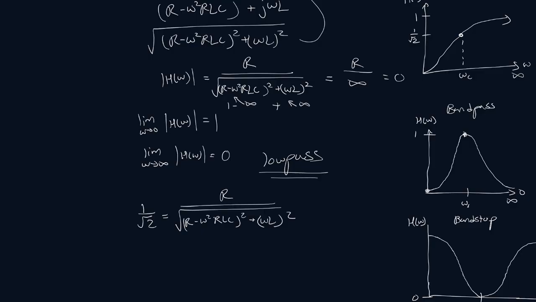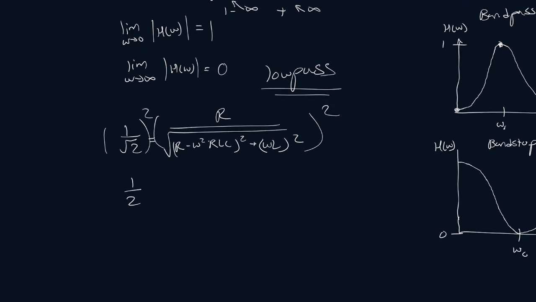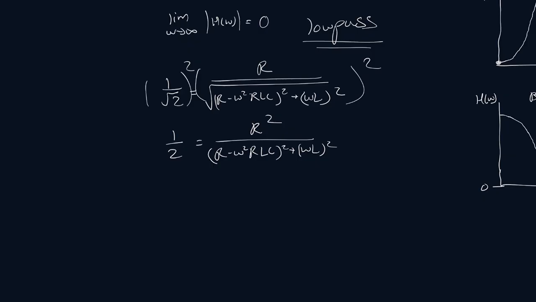Okay, so we just have to solve for the W here, and that will be our cutoff frequency. So what we can do is square both sides. Okay, let's bring this to this side, and we'll bring this to the other side.